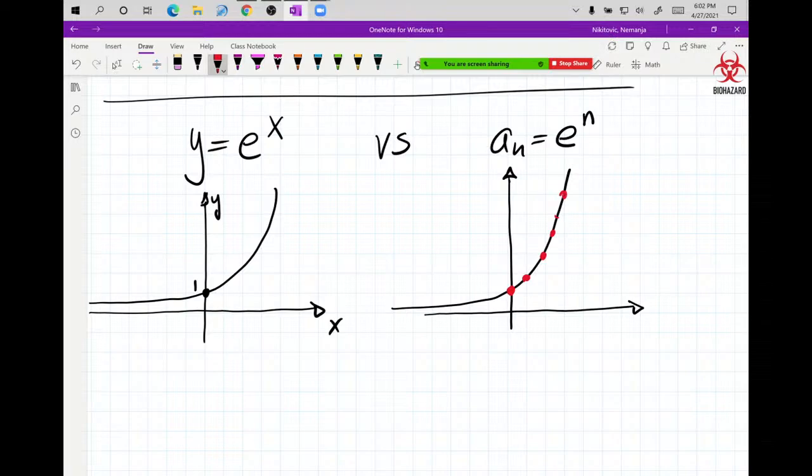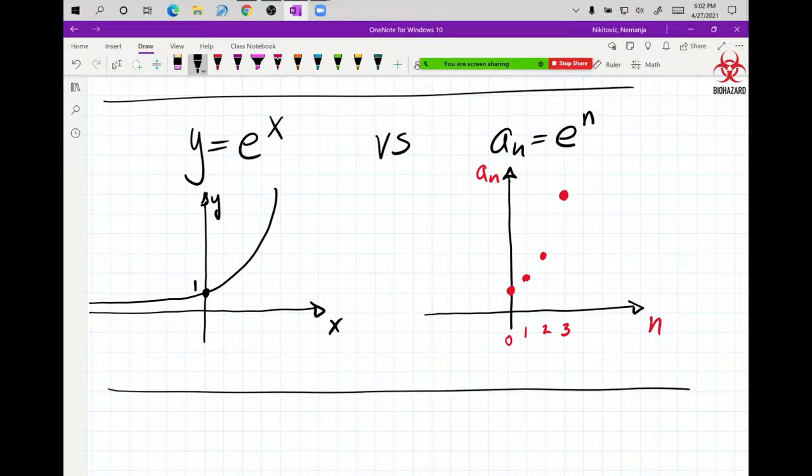At every intersection, I shouldn't even be going negative because we don't use negative. All right, so now let's delete everything I don't need. There we go. So this is at 0, this is at 1, this is at 2, this is at 3. All you get are your dots, where y equals e to the x has all infinity of the points in between.